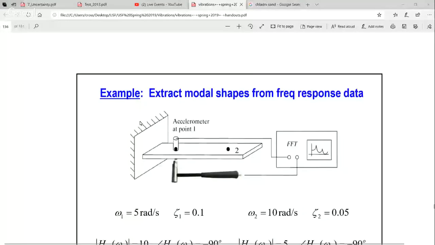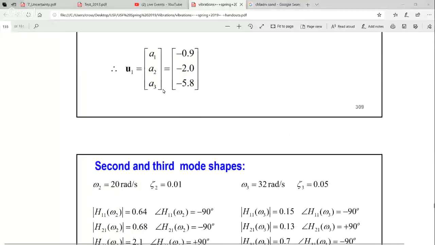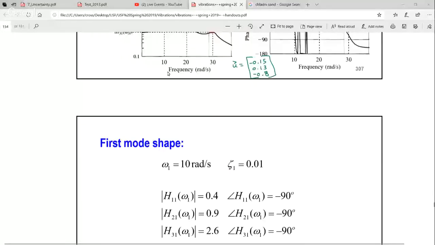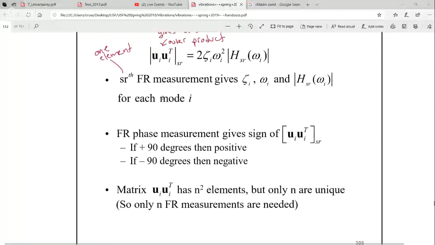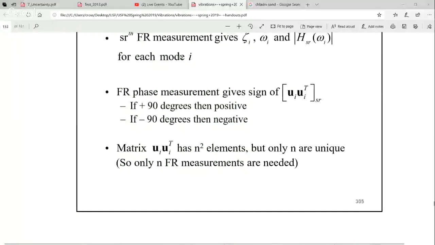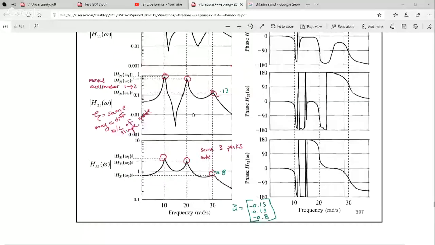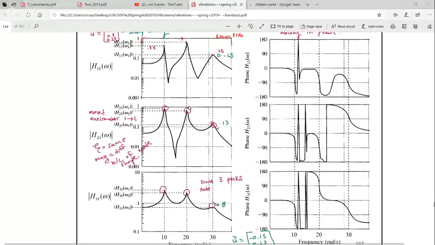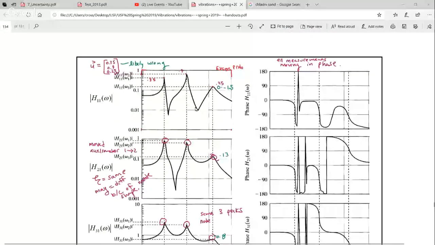All right, so here we are back to where we were about 20 minutes ago. Here's that data. We've got 3 frequency response measurements, magnitude and phase. The one at the top has the hammer hitting at location 1 and the accelerometer measuring at location 1.